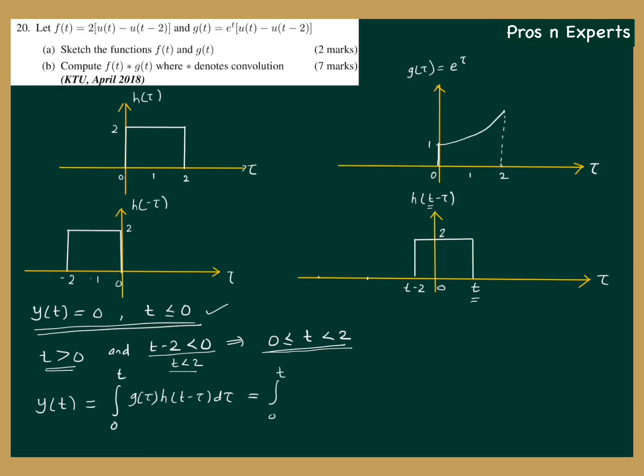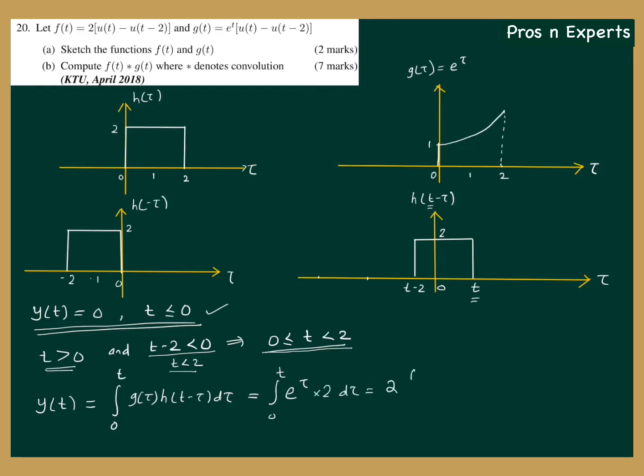What is g of tau? g of tau is e raised to tau. So e raised to tau into, what is h of t minus tau? h of t minus tau is actually 2, its amplitude is a constant 2. So into 2 d tau.